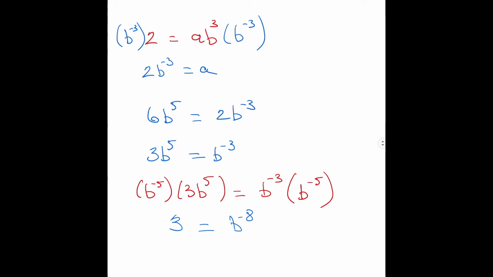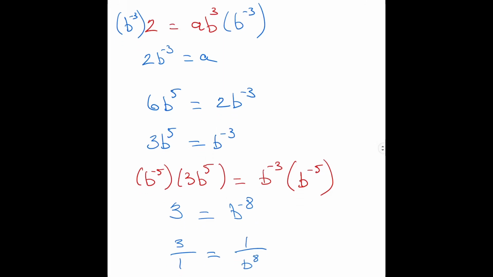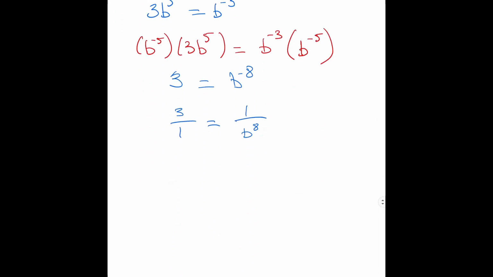How do I solve for that? Well, this is 3/1 = 1/b^8. If I flip them both over, I get 1/3 = b^8.